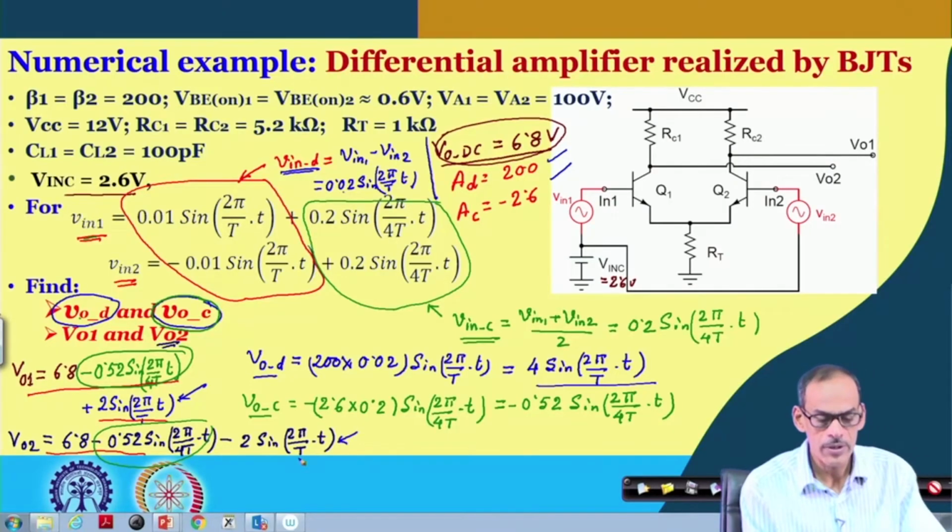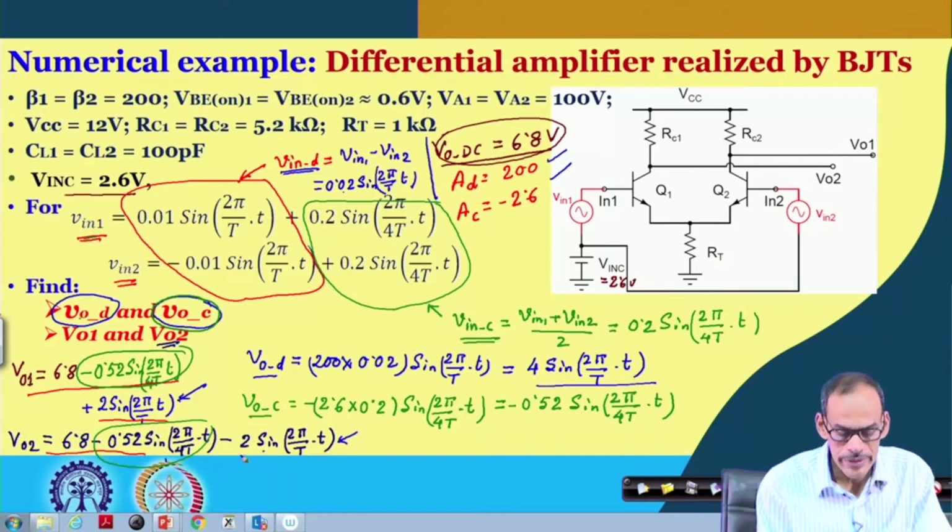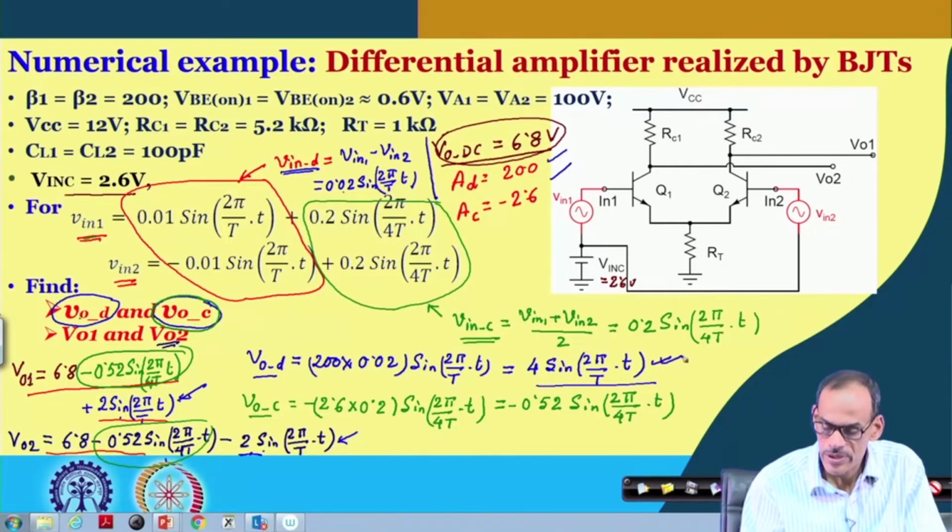If you compare the common mode part and differential part, if I see individual signal wise, the differential output is quite large, in fact almost 8 times higher than the common mode part.